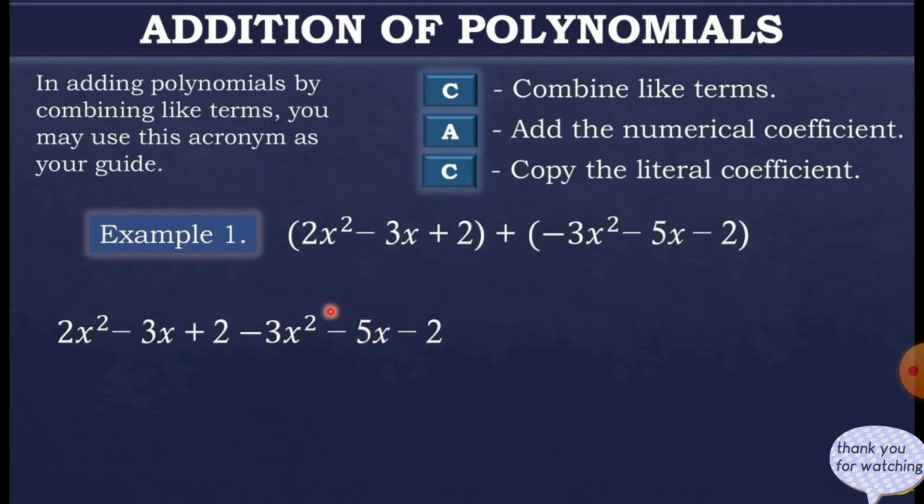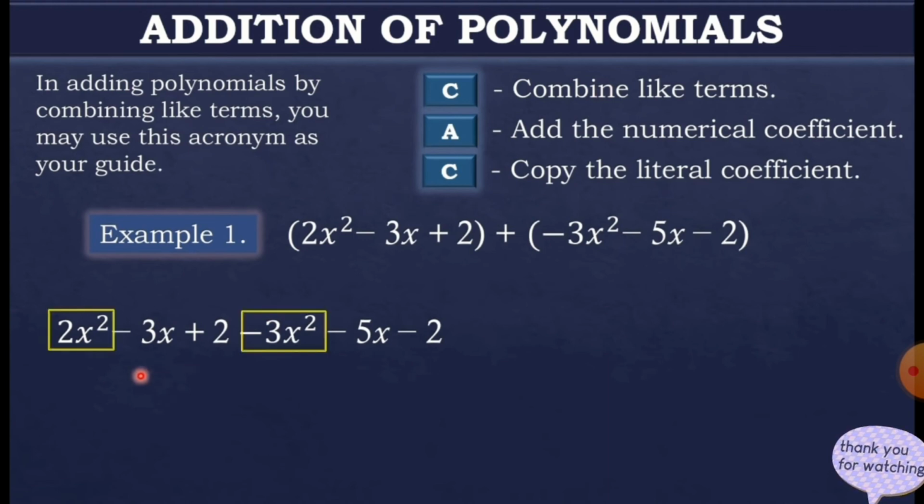So, first, tingnan mo yung variable and exponent. So, si 2x squared, ang pares niya or another term na magkapariha or pareho sila ng variable at exponent is negative 3x squared.